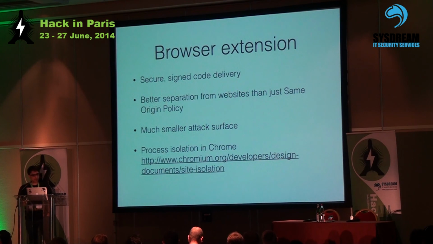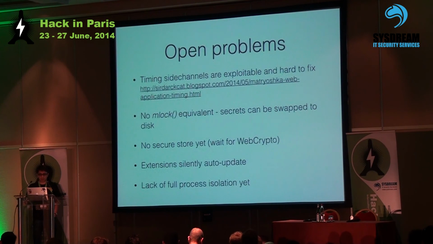You get a much smaller attack surface because basically you only care about the inputs to your application, and that's your attack surface here. And also in Chrome, it's not perfect, but you get process isolation. So you have a guarantee that your extension will run at least in a separate process, like an operating system level process.